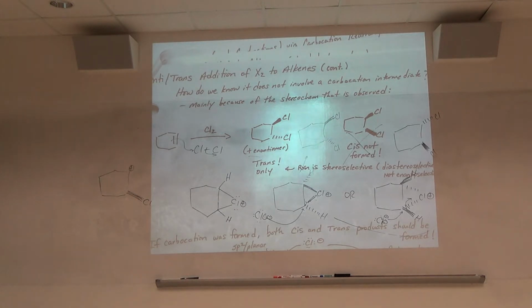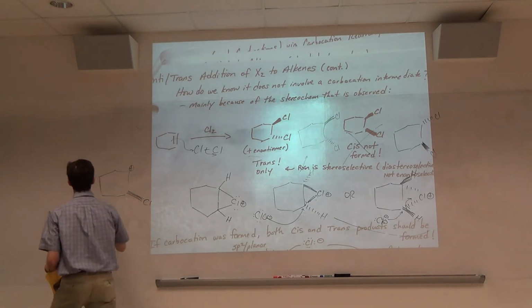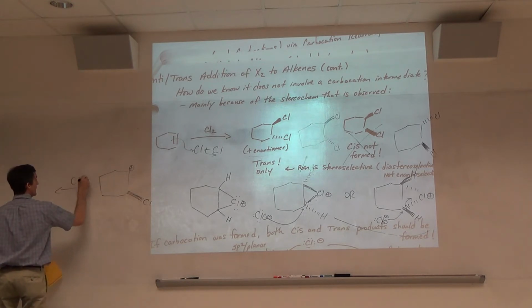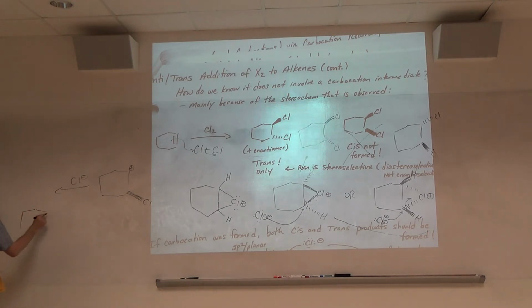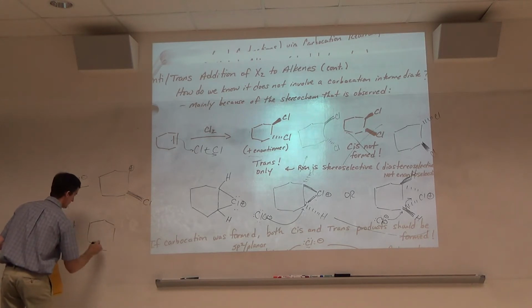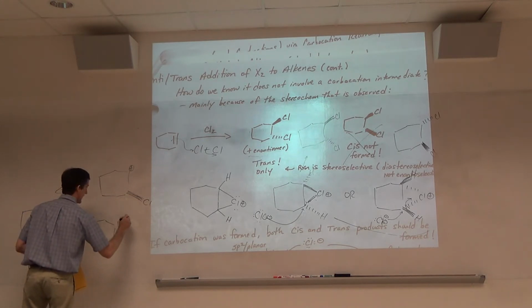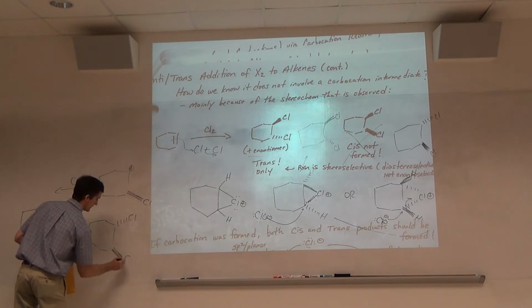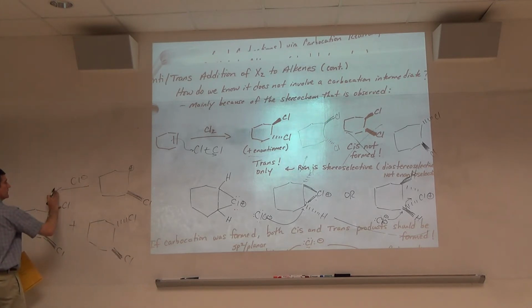But it's all going to be random, okay? If you attack here, you're going to get two products. You're going to have chlorine here and chlorine forward, plus chlorine back and chlorine forward. Right?